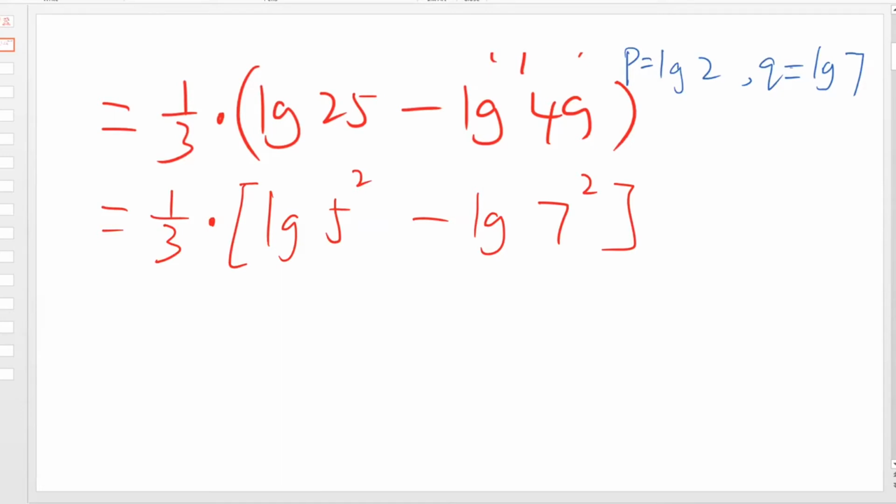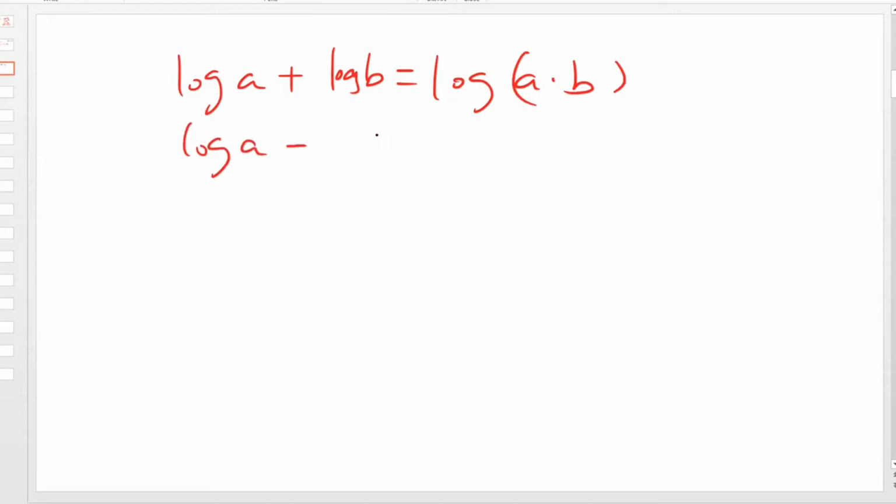Let's go back to the product rule and quotient rule first. Log A plus log B is log AB, right?